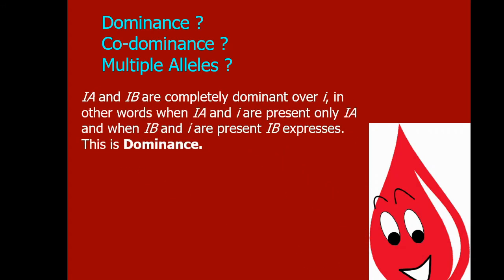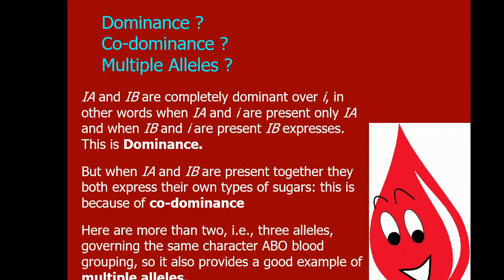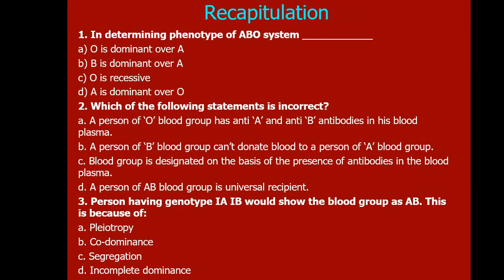So how? Because IA and IB are completely dominant over the small i, and that is why it shows dominance. Then why is it codominance? Because IA and IB both are present together, they both express themselves, and that is why it is codominance. And here more than 2 alleles are present for one gene, and that is why it is an example of multiple allelism. Just have a recap of all we have learned till now.